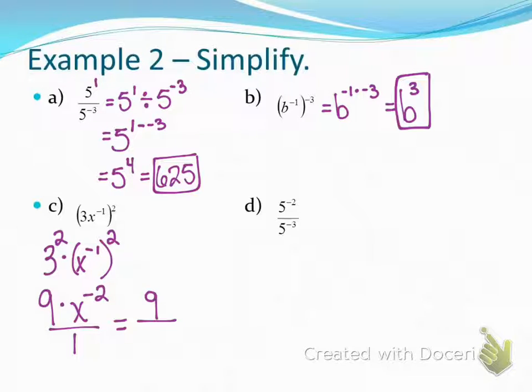It can stay. But x to the negative second power needs to go. It's got to go to the bottom. Cross that line, change the sign on your exponent. Okay, so now we don't have to put a 1 in the numerator because the 9 stayed there. So we don't have to have a placeholder. That would be our final answer.